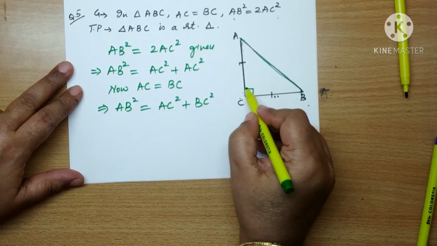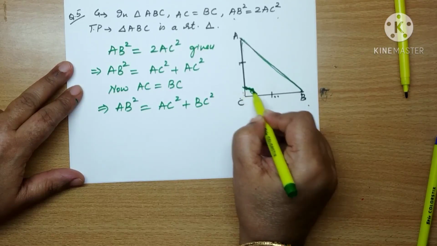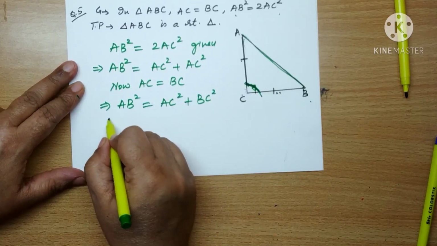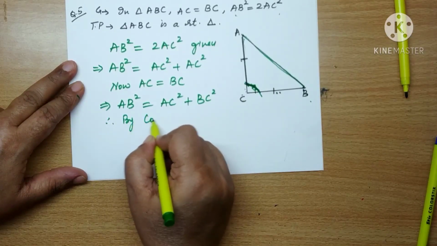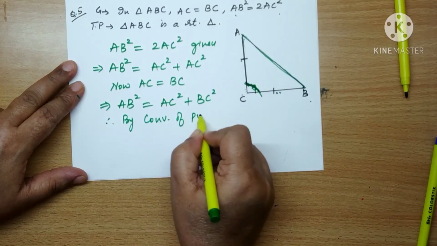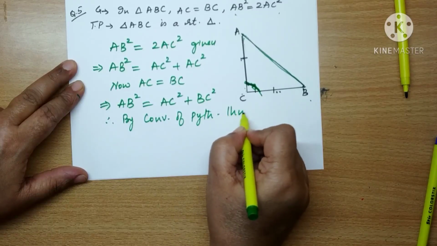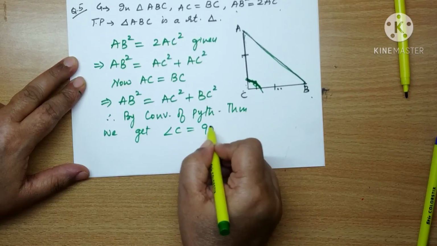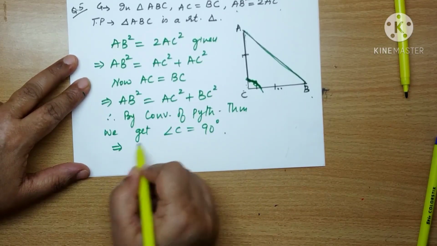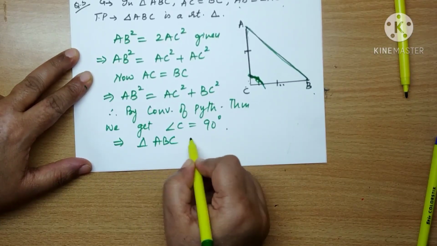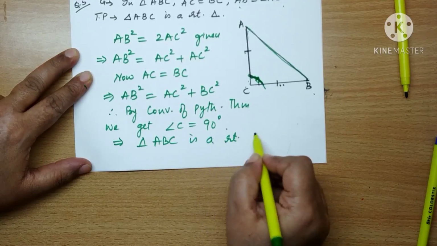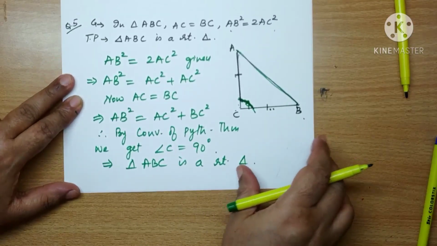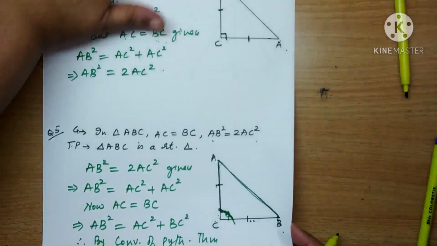That is 90. So this angle will be your 90 degrees. Therefore, by converse of Pythagoras theorem, we get angle C is 90 degrees. This implies triangle ABC is a right triangle. This is what we had to prove in the question.